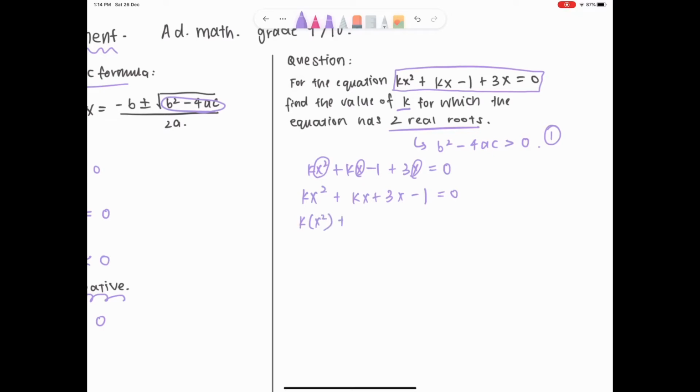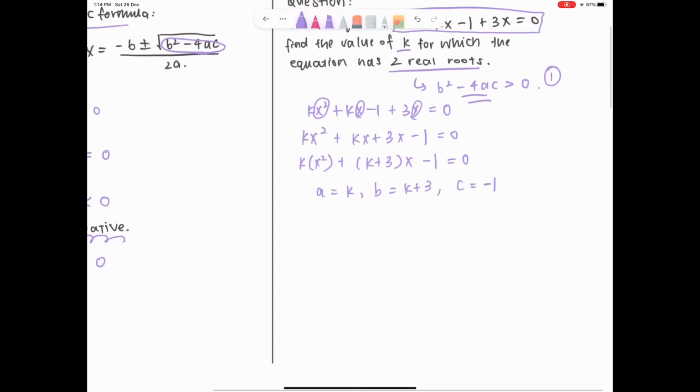Here the coefficient of x is k plus 3. And just 1 is on the side. So now I'd identify the b squared and minus 4ac. So a would be k, b would be k plus 3, and c would be negative 1.